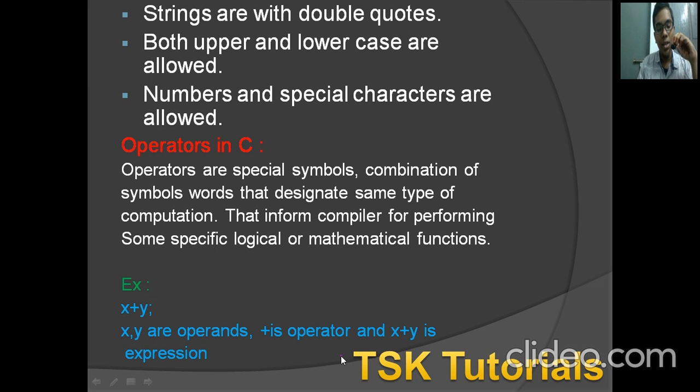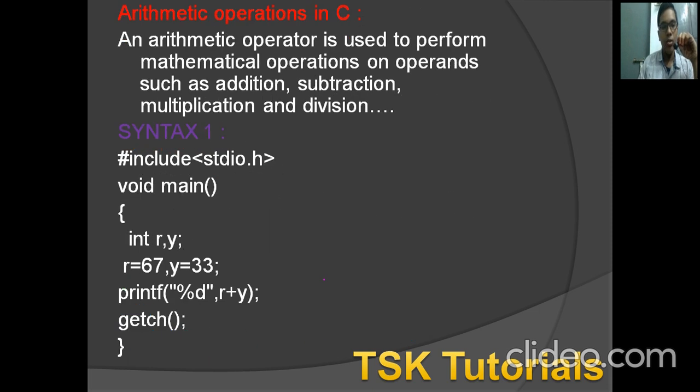The plus is called the operator, and x plus y in total is called the expression or the total operation. Between whom we conduct the operation is the operand, what type of operation is the operator, and the total is known as the expression. Okay, let's continue.